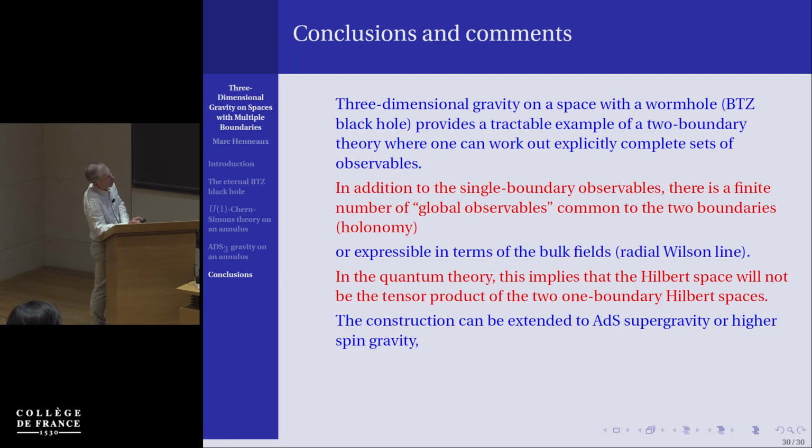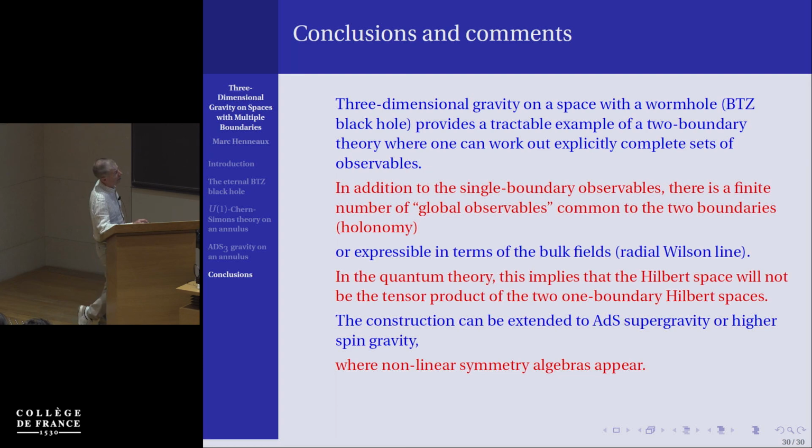And let me just finish by saying that you can extend the construction to other, more sophisticated three-dimensional gravitational models. You can include supergravity, so you can supersymmetrize, include spin. It will just be a Chern-Simons theory on an appropriate supergroup containing SL2R, or you can consider higher spin gravity.